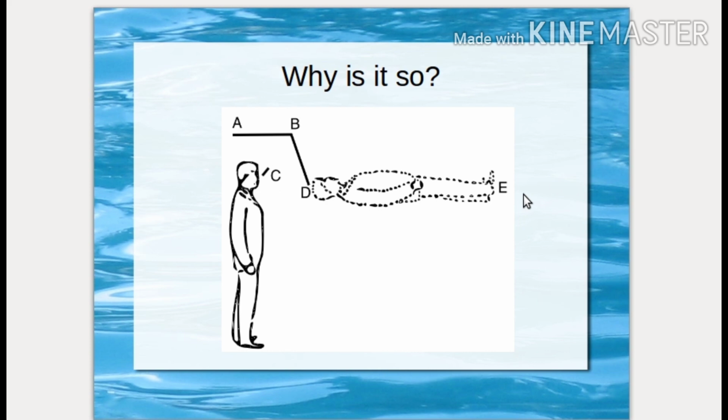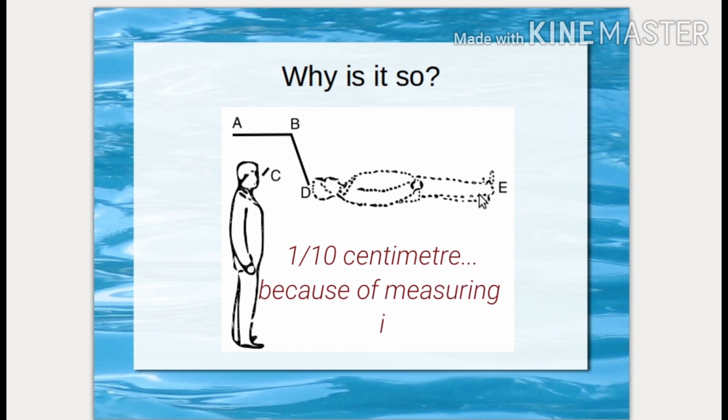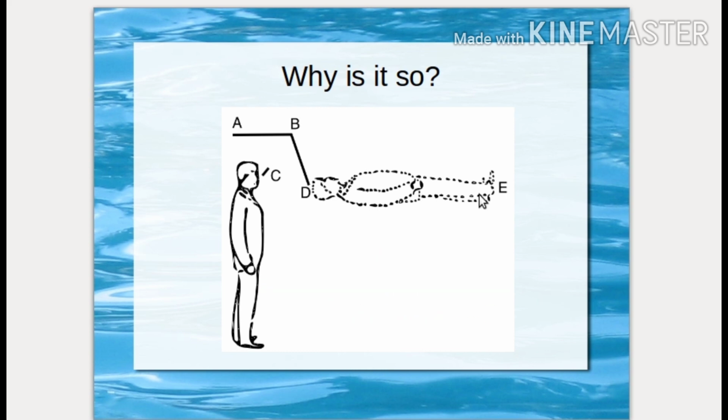That number contains uncertainty of nearly 1/10 of a centimeter. But now the question is, when he is standing up, his height is shorter than when he is lying down. And this is a very obvious reason that I am going to tell you.